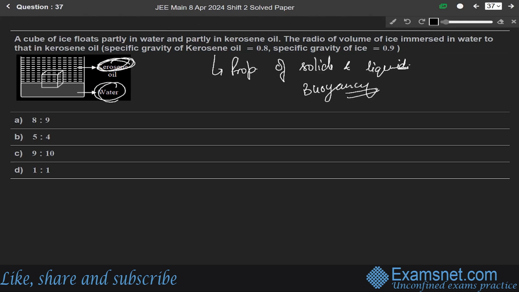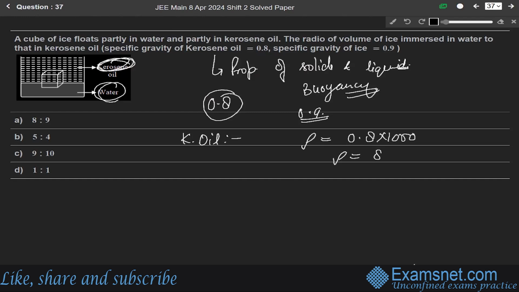Now solving it, we have data as given in the question: specific gravity of kerosene is given as 0.8 and of ice as 0.9. So the density of kerosene oil rho will be equal to 0.8 into 1000, so rho will be 800 kg per meter cube. Let us say this is equation number 1.